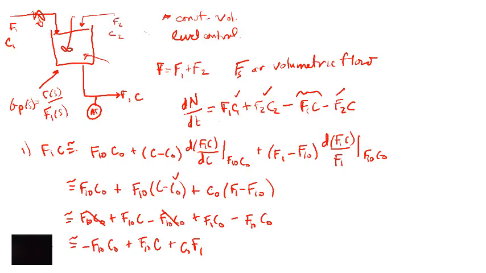Going forward a little bit, we also know up here that n over V equals C, so n equals CV, so this term right here is going to be V times dC/dt.